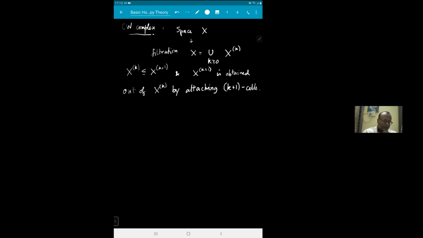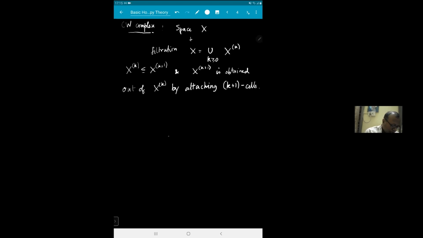Okay, so what that means is you have some attaching maps, from the disjoint union of some boundaries of D^{k+1}, indexed by some indexing set, to X_k, and then you attach the interiors and you take the pushout.